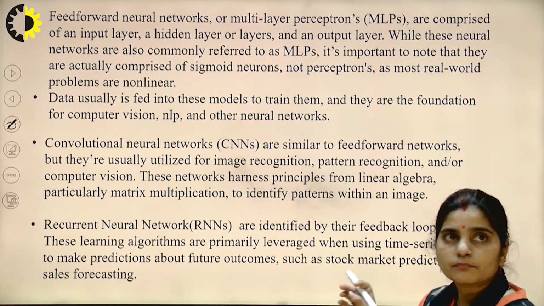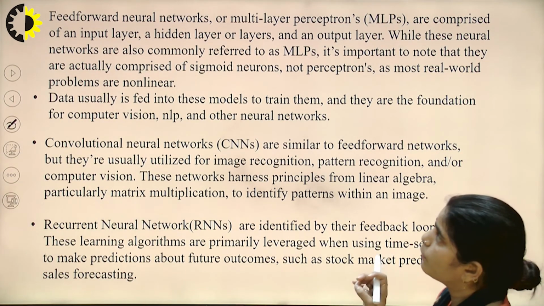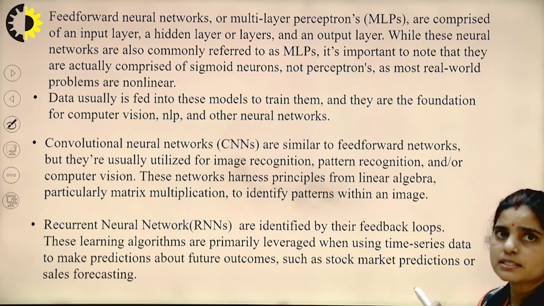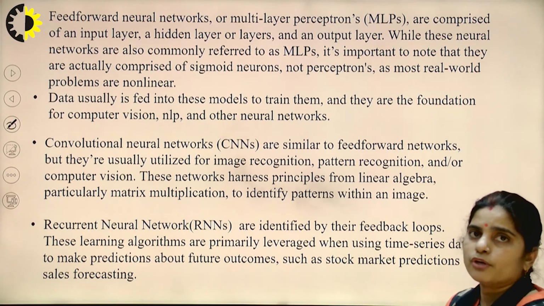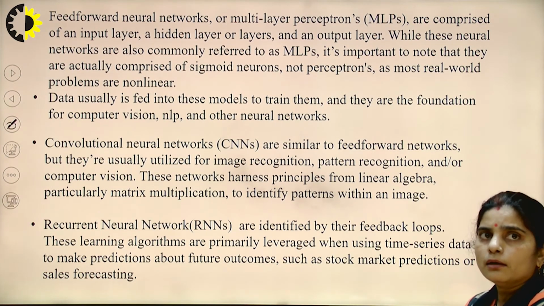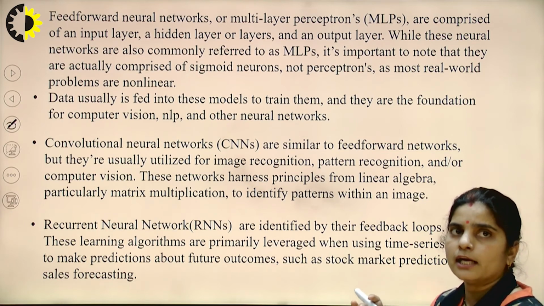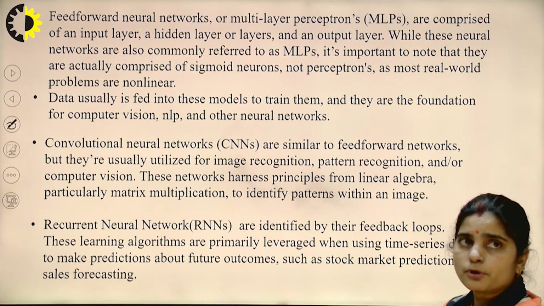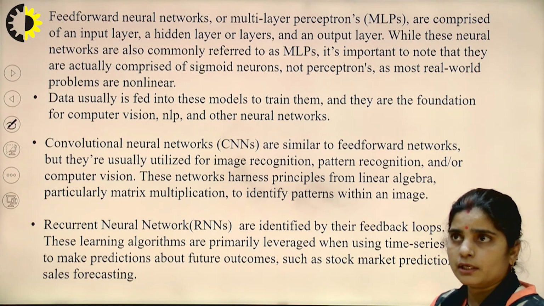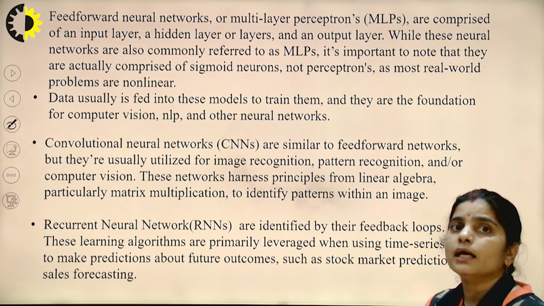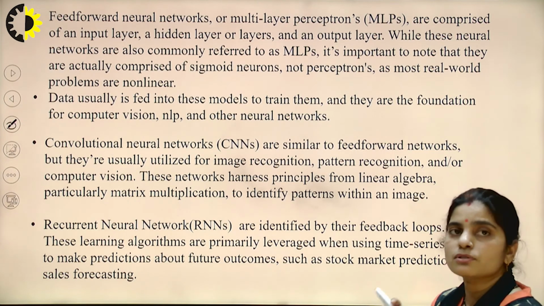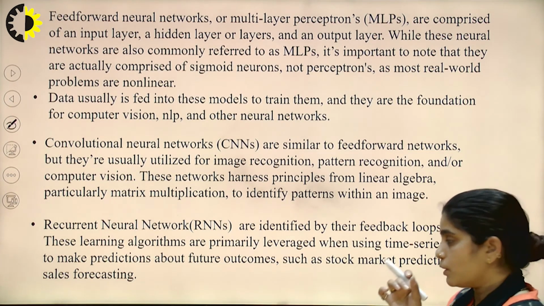Okay. Now, the second one is feed forward neural networks. The feed forward neural networks are also called multi-layer perceptrons, and in this we can see that there are an input layer, hidden layers, and an output layer. Here we have to notice one thing mainly, that these MLPs are actually comprised of sigmoid neurons, not perceptrons.